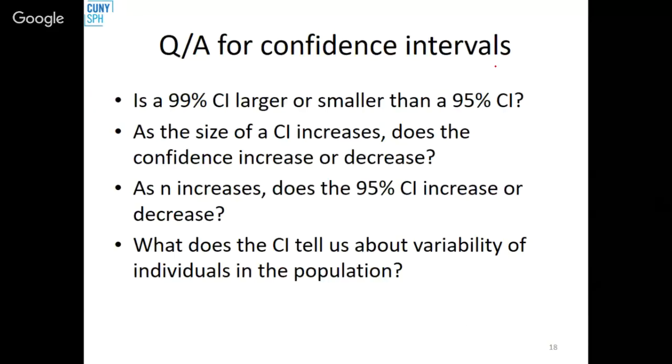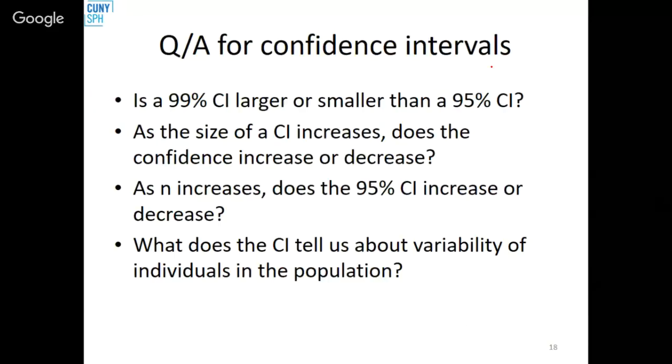Yes, I can explain well. It's larger because you want to have a larger range in order to have more chances that it's going to be within. If it's a larger range, then, like your age, as I said, between 35 and 45 versus between 39 and 40. You know what I mean?